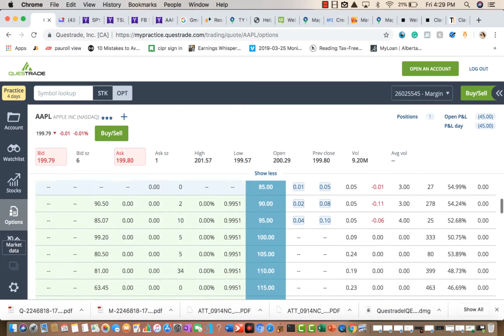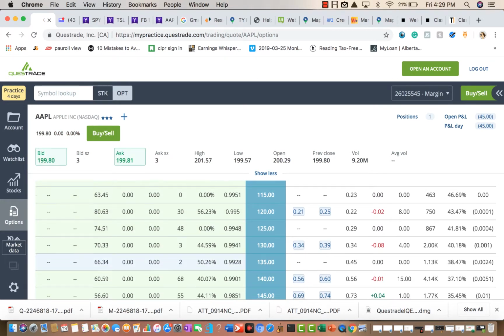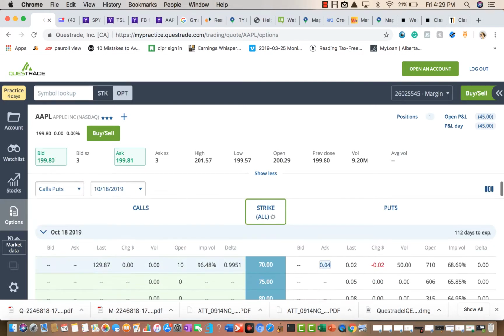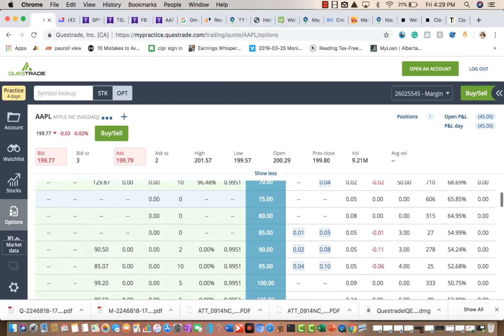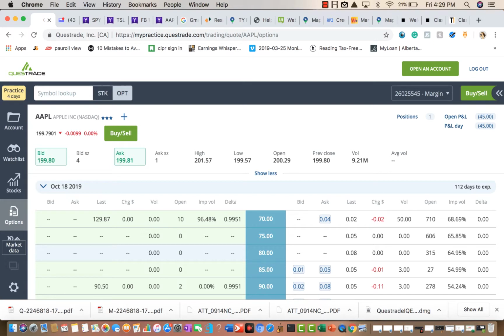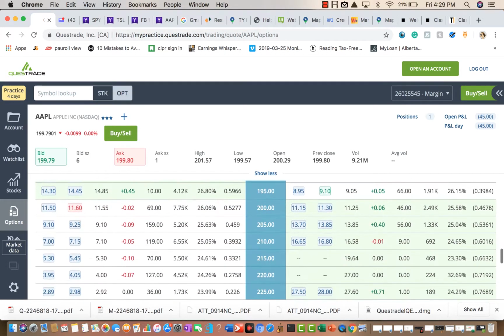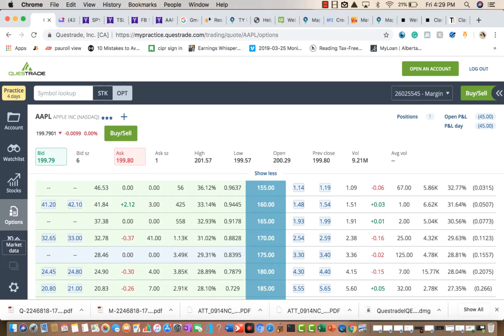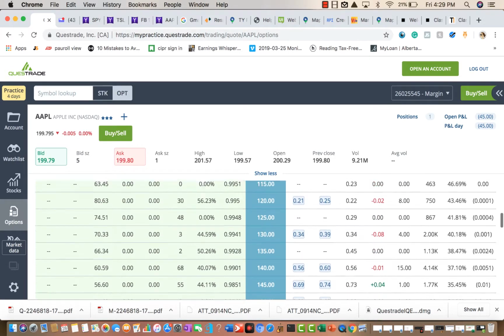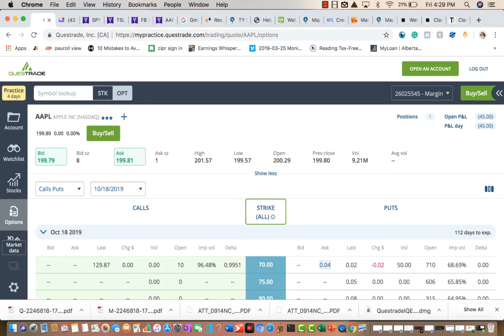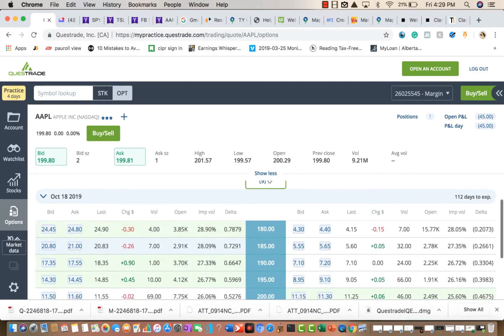And look what happens now, guys. You have way more options. You have way more delta. Like you have 0.99 now. You have 0.83, 0.88. Whereas before when we had it at 9, the highest delta is 0.78.